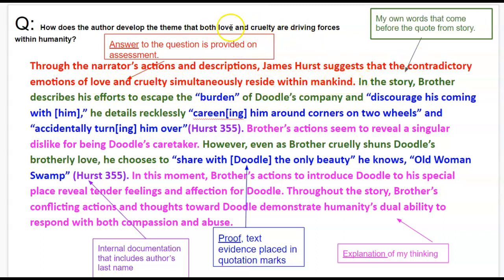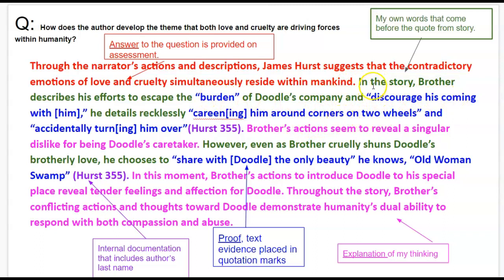Okay, so notice that these words are slightly different, but it's the same thing. So they've made their statement, their answer. Then you see the green here? This is your words that come before the quote, so that you can embed the quote, which is the blue part, into your own sentence.